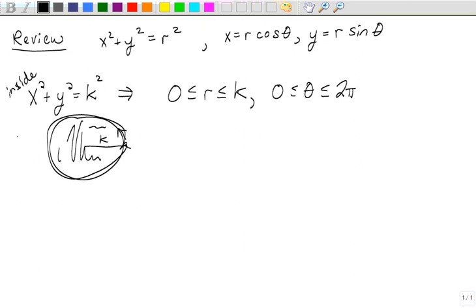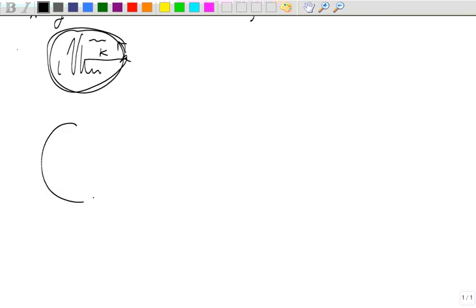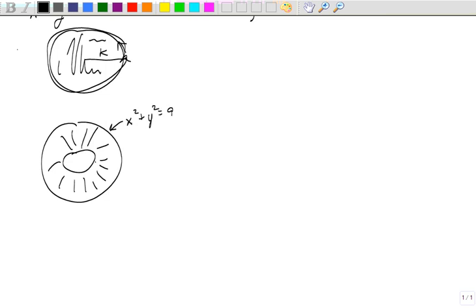So to express something like this donut shape between the two circles, the equation of the outer one is x squared plus y squared equals 9, and the equation of the inside circle is x squared plus y squared equals 1.